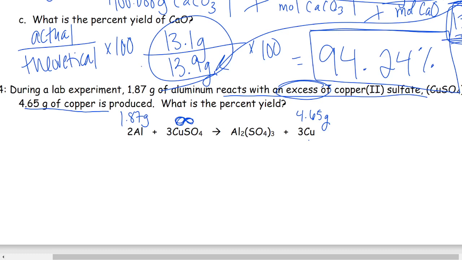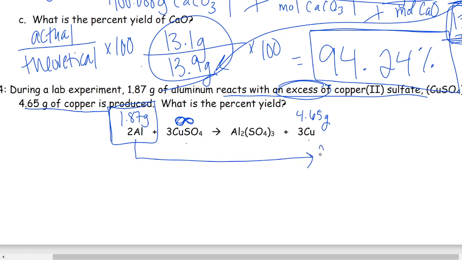This is asking what is the percent yield. So based on the way that the question is worded, I have an actual yield given to me, and then I need to use the amount of reactant that I started with, the amount of reactant being this much aluminum, since I won't use infinity in my calculations, and then turn this into grams of copper.